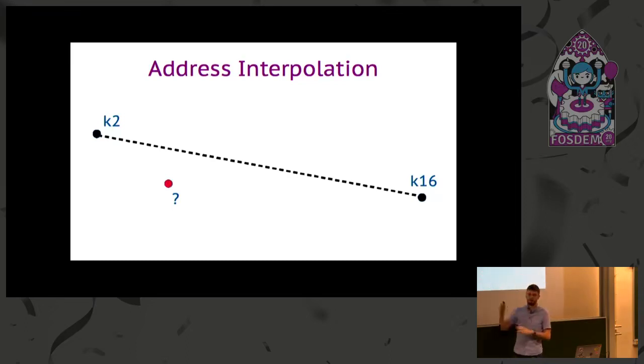So maybe K6. But in the real world, there might be no such building. There might be K2, K10, and K16, and that's all. So using just interpolation data, you will give a user a non-existing address. Is it okay to give them that? It's roughly precise, but if they type that address into a different app, they will find nothing, and it just won't work.